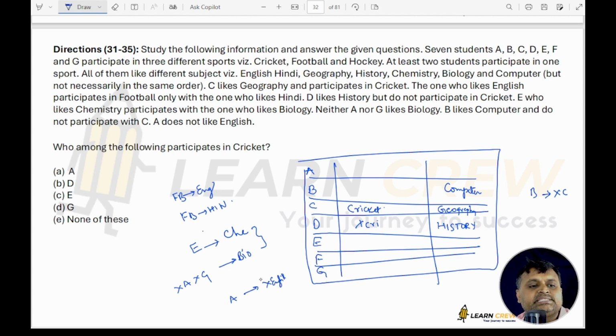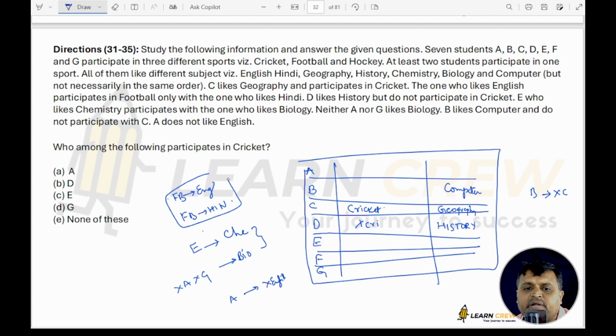So C likes geography and participates in cricket. D likes history but does not participate in cricket. So D participates in hockey, because only the ones who like English and Hindi participate in football.